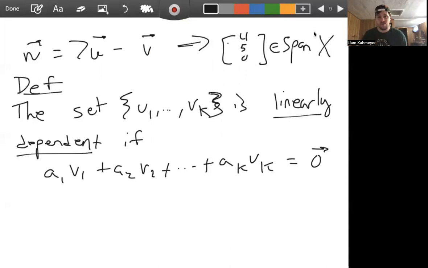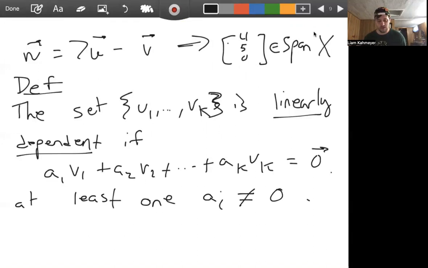So the set v1 through vk is linearly dependent if, when you find a linear combination that's the 0 vector, at least one of the coefficients ai is non-zero. Okay, and so why would this give us linear dependence, excuse me?